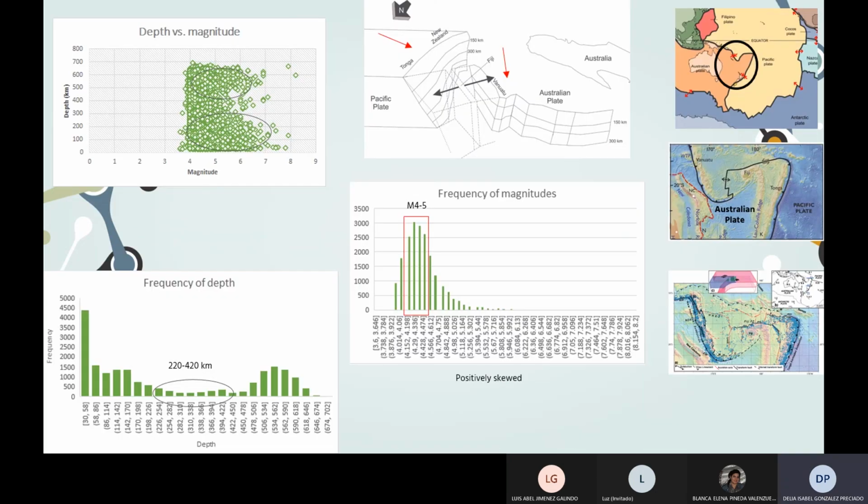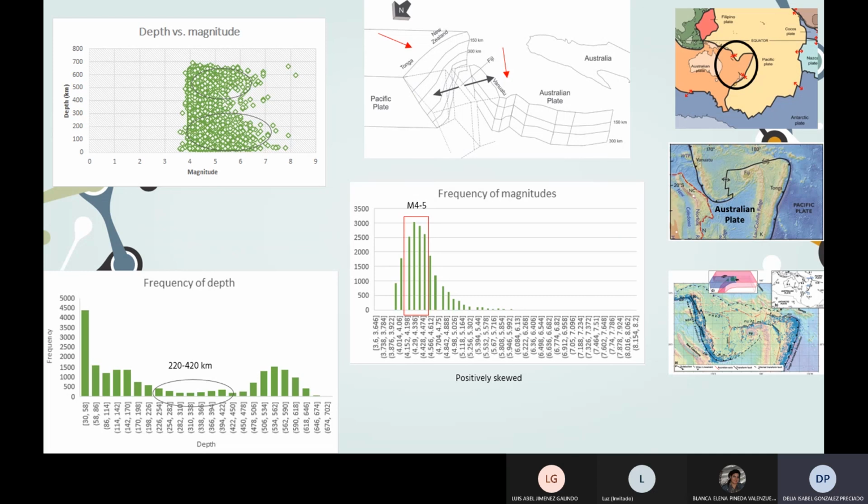Here we can see three graphs. In the depth versus magnitude graph, we can see two zones where most earthquakes happen: around 0 to 300 kilometers depth and 500 to 700 kilometers depth. Also, in the frequency of magnitude, we can see a positively skewed graph with the average magnitude between 4 and 5.